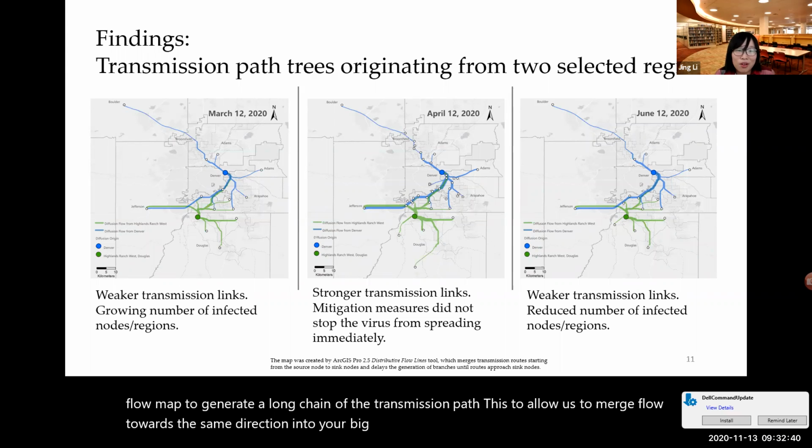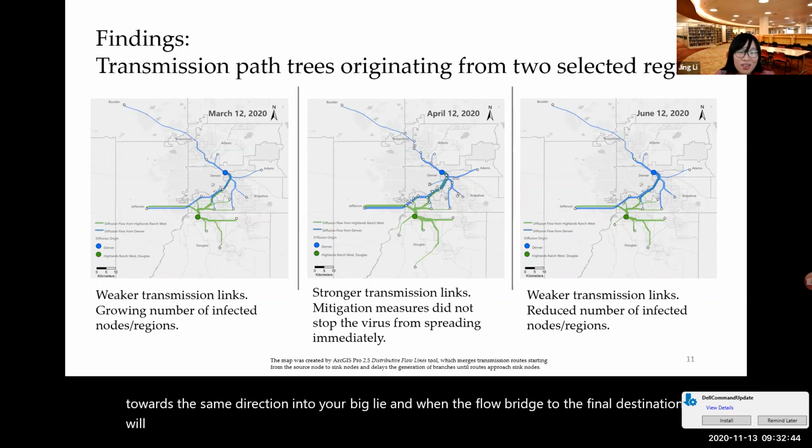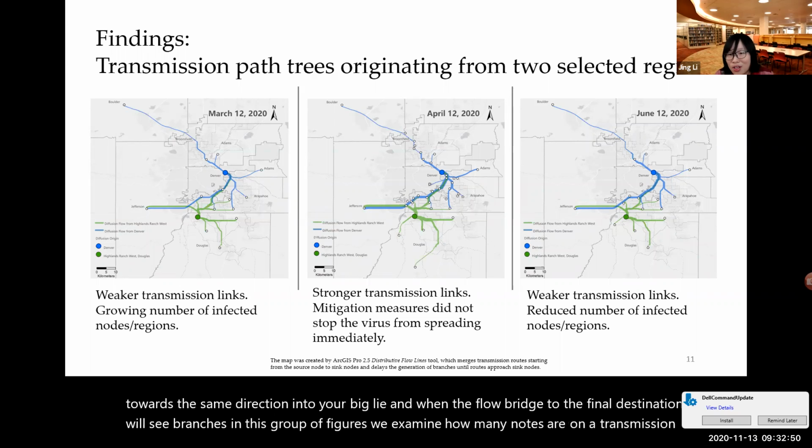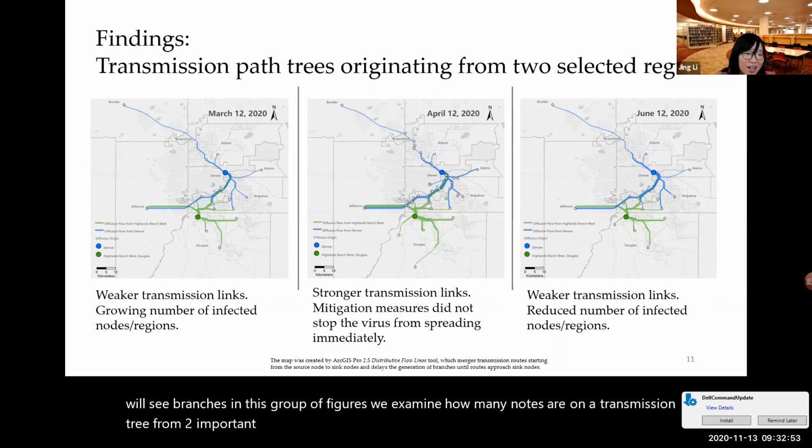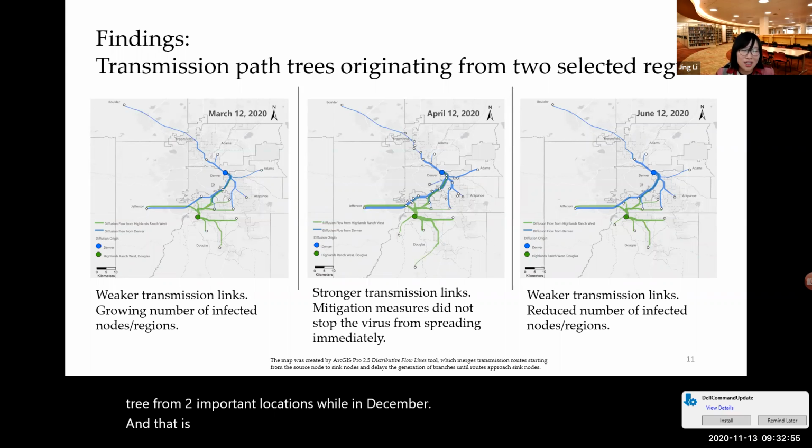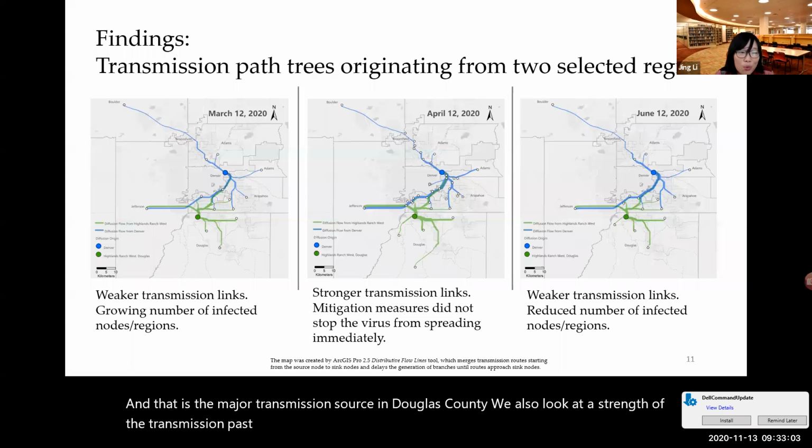And when the flow reaches the final destination, we see branches. In this group of figures, we examine how many nodes are on a transmission tree from two important locations. One is Denver, another is a major transmission source in Douglas County. We also look at the strength of the transmission path, which is represented by the width of the lines.